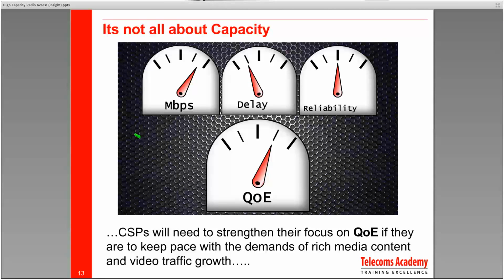But I think it was clear from our little survey just before the session, it's not just about the capacity. It's absolutely about quality of service, because over the years, and this applies to fixed networks as well as mobile cellular networks, we kind of fixed the problem of downloads failing or streaming buffering and that kind of thing. We solved that problem really by just making the pipes bigger.